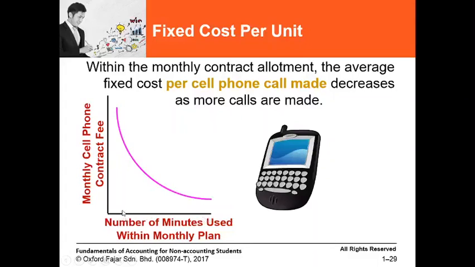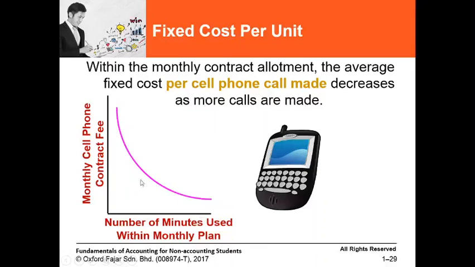At 100 minutes, you divide 100 ringgit by 100 minutes, so 1 minute equals 1 ringgit. But the more you use, if you use 200 minutes, you divide 100 ringgit by 200 minutes, so you will get 0.50 cents per minute.